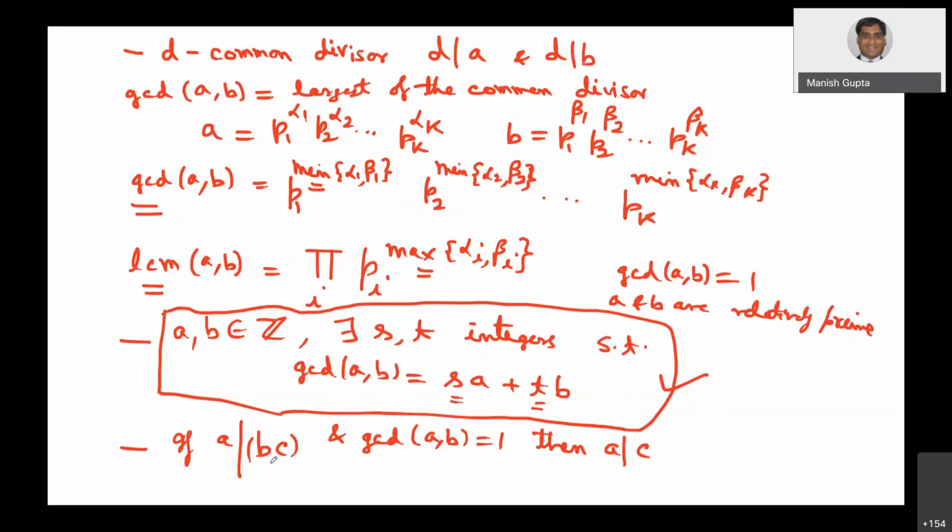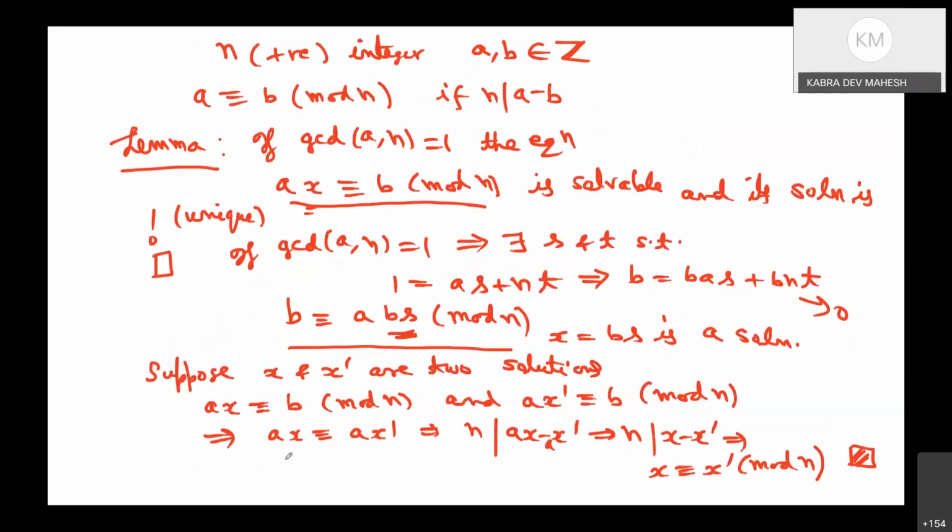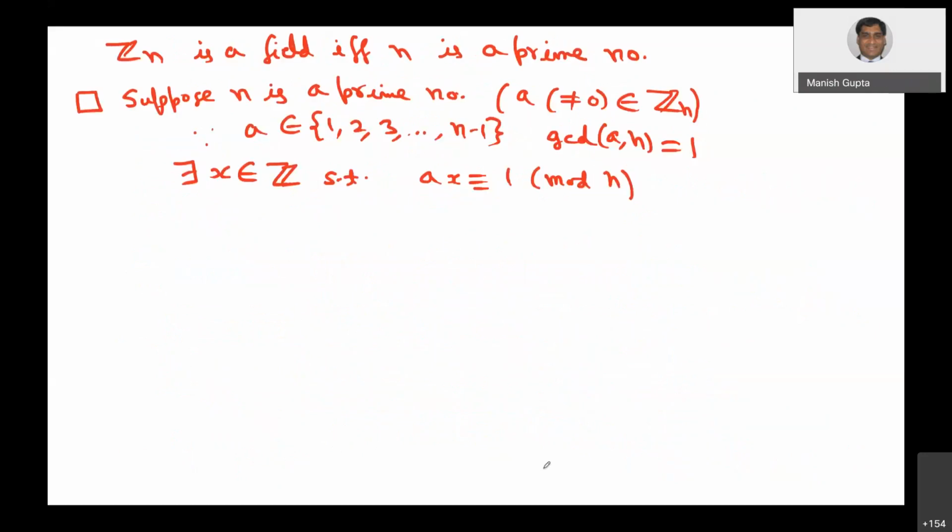I'm using the same result. So one of them is a, another one is x minus x prime. Got it? In other words, we are dividing by the inverse of a on both sides, that is also a way you can look at it. But anyway, so x is equal to x prime. Any other question?